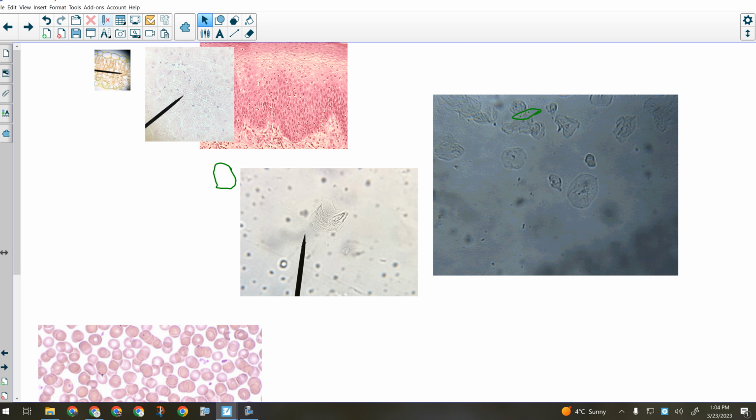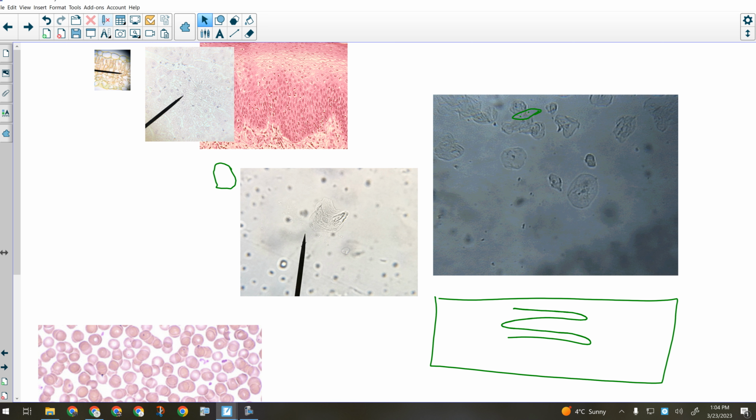So if this is my slide, and my pen is the Q-tip, I'm just going to go back and forth and twist, so I get all the sides of the Q-tip smearing on there. Make a nice good smear like that in the middle, put a drop of water on there and a cover slip, and you've got a slide of your own cheek cells.